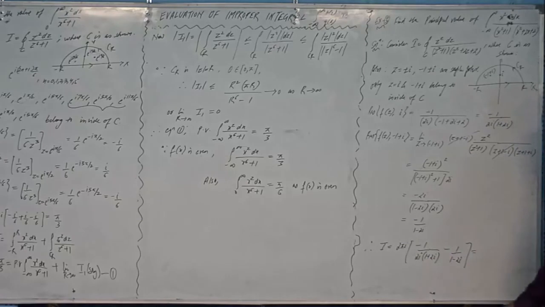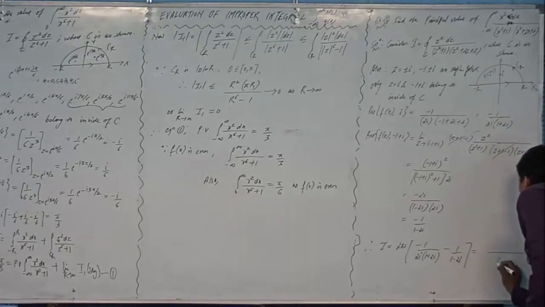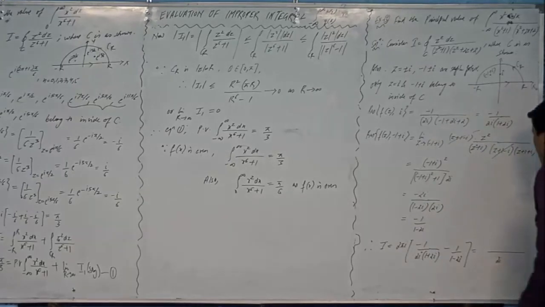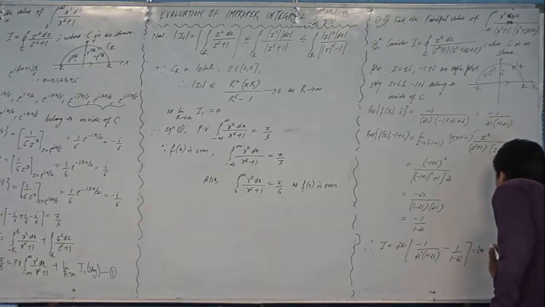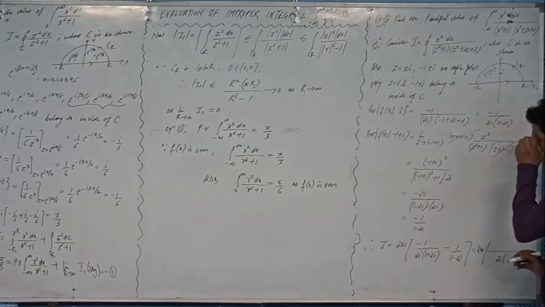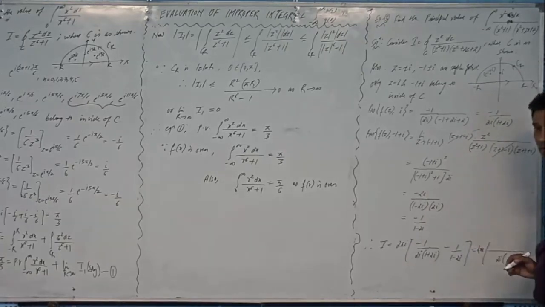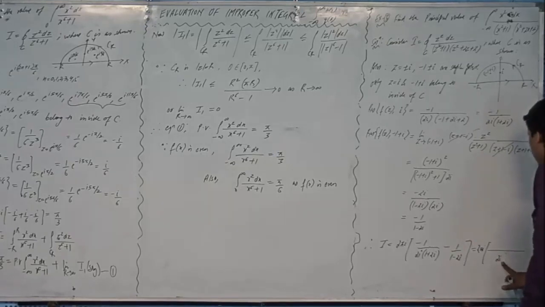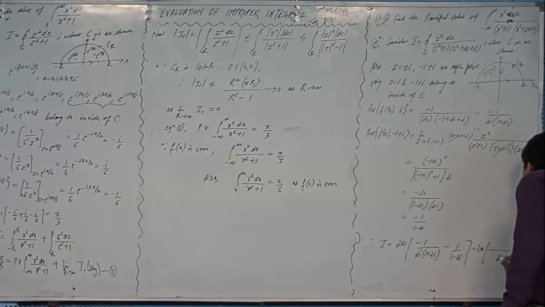If I take the LCM I will get 2 iota, and 2 iota will be cancelled out. No, not now. 2 pi iota is outside, and here I will have 2 iota. 1 square minus (2 iota) square, that will be 1 plus 4, that will be I think 5. So ultimately it will become 5.